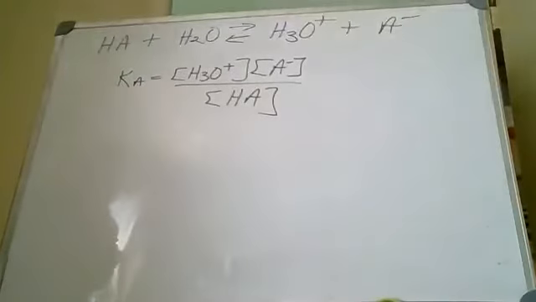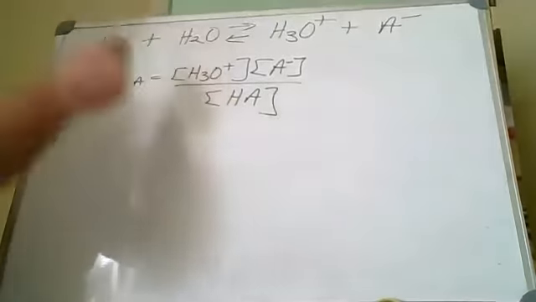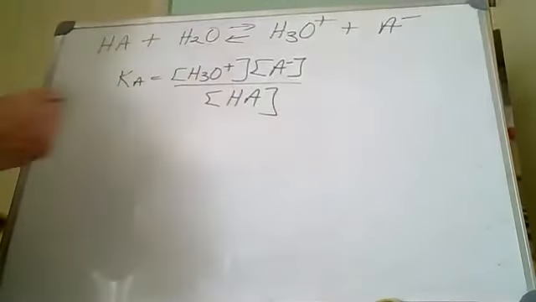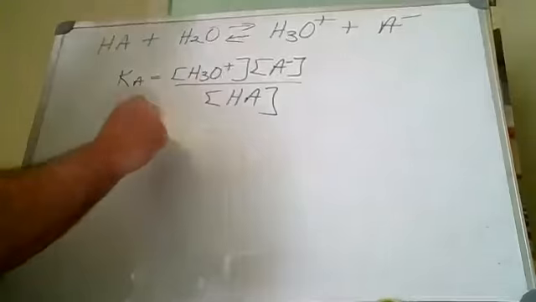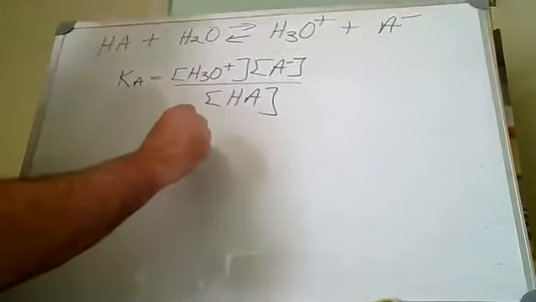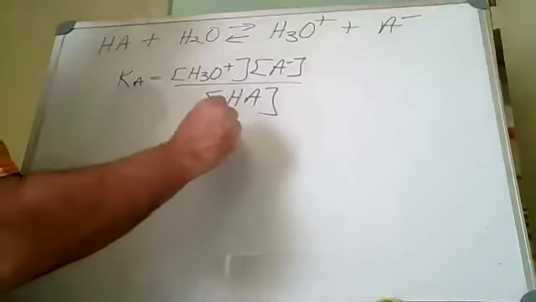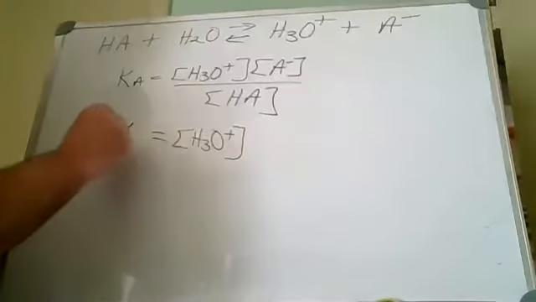Okay. Now, we're going to solve this equation for H3O plus. All right, so H3O plus equals Ka.